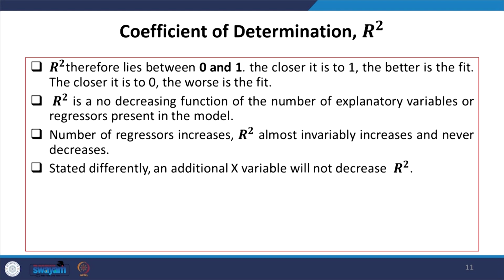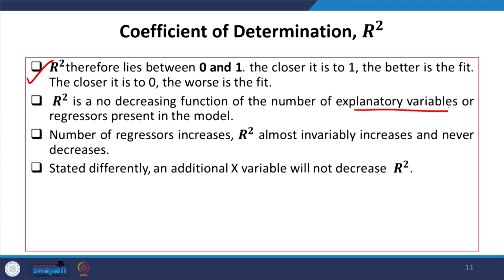The closer it is to 1, the better is the fit. The closer it is to 0, the worse is the fit. Okay. So, this is one of the important interpretations. R square is a non-decreasing function of the number of explanatory variables, or regressors, present in the model. When your regressors are rising, it is not decreasing; rather, R square is improving the fit of the model.